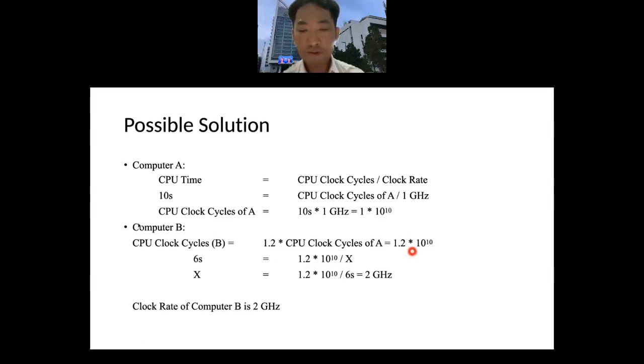And then we can just substitute this number into our formula. And finally, we get that the clock rate of computer B is equal to 2 GHz. Any questions about this example?